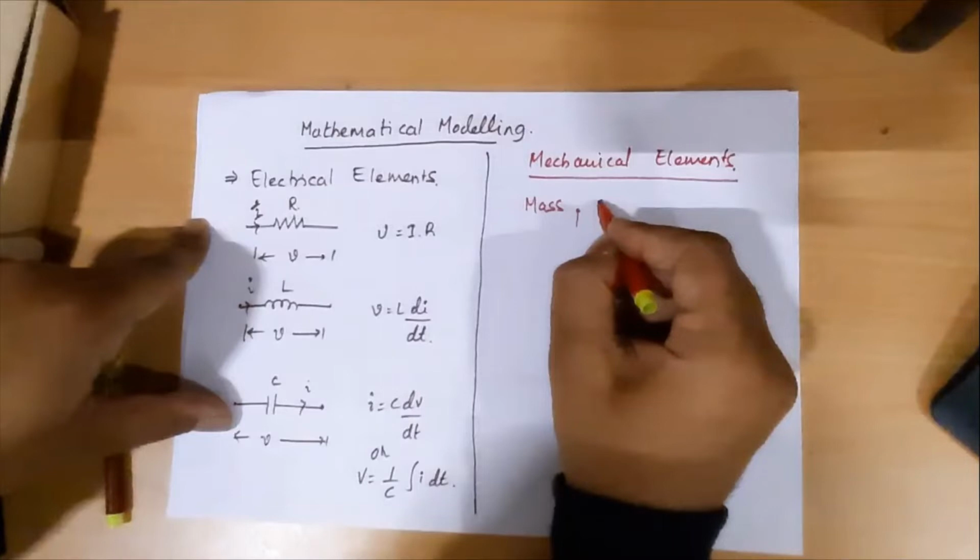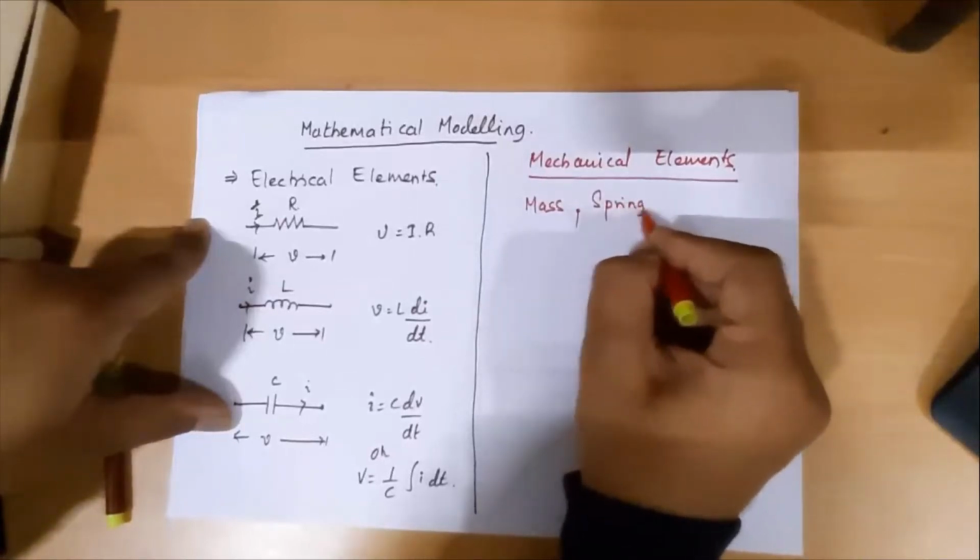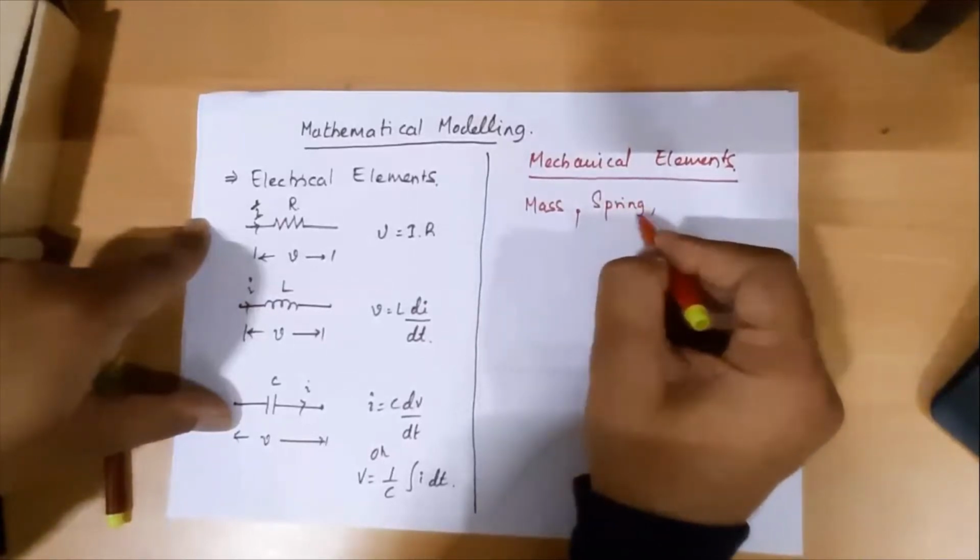Force is of course a mechanical signal we can say, but it's not an element. It is, sir, just like V or I, voltage or current. Force is also kind of a parameter we can say. But when I ask with respect to element, it is a physical element. Fine. So another one you can say is spring, which will be present in shock absorbers.